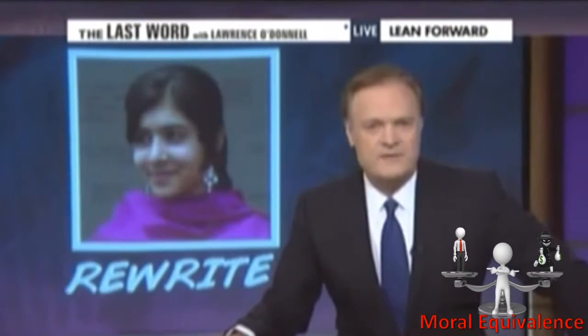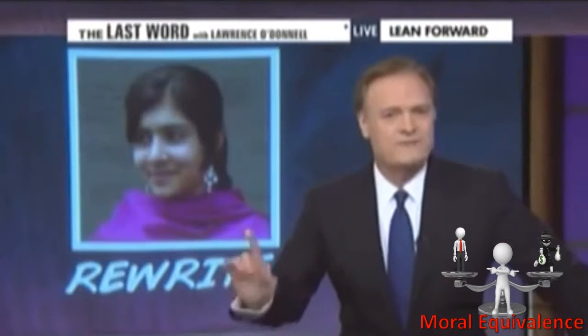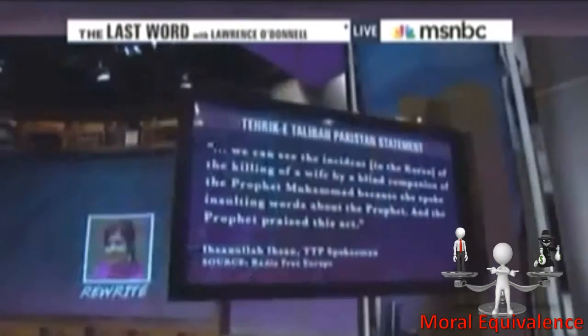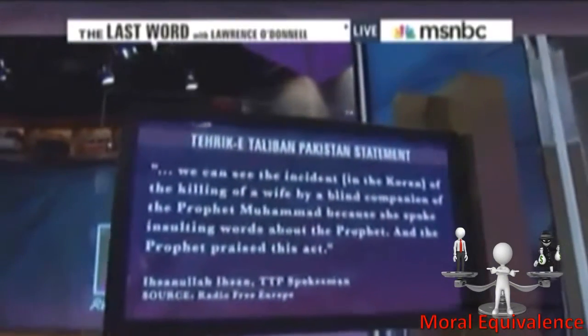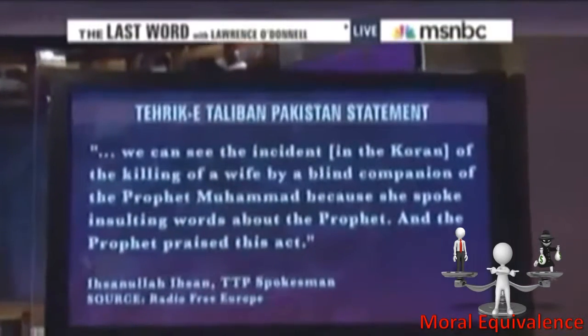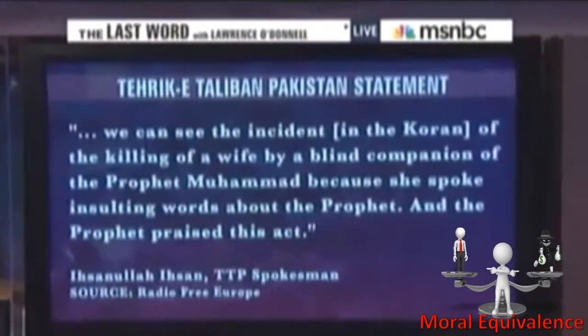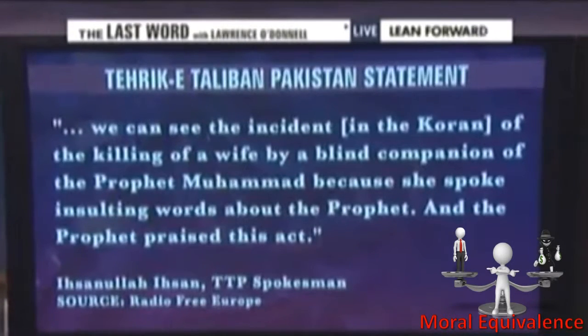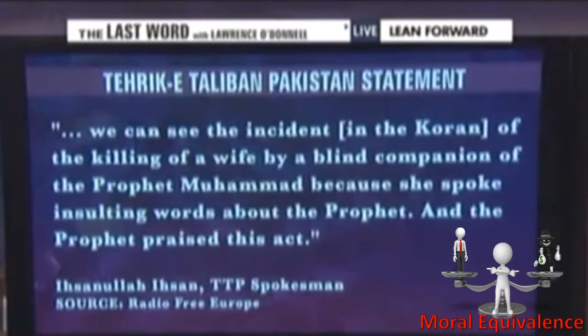In the Taliban's letter, they justify trying to kill a female because the letter says, quote, "We can see the incident in the Quran of the killing of a wife by a blind companion of the Prophet because she spoke insulting words about the Prophet, and the Prophet praised this act."